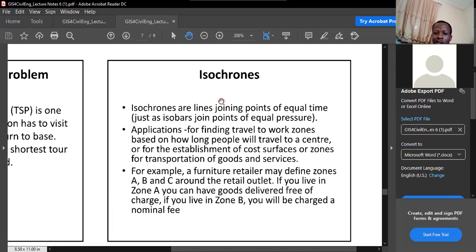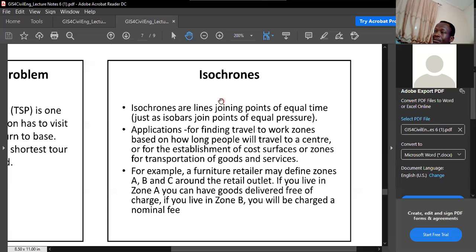It can help you to think that, okay, if I'm a company and I do the isochrone, I can tell which of my staff are actually traveling very far to come to work. Probably I don't know whether I award them for loyalty or something like that.